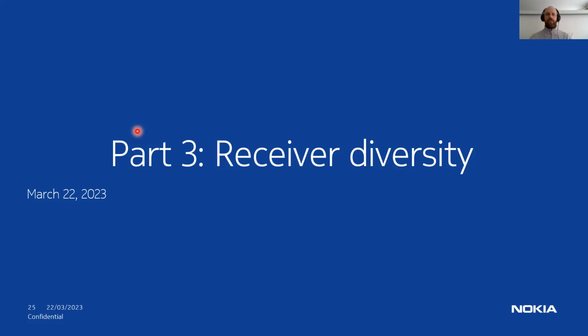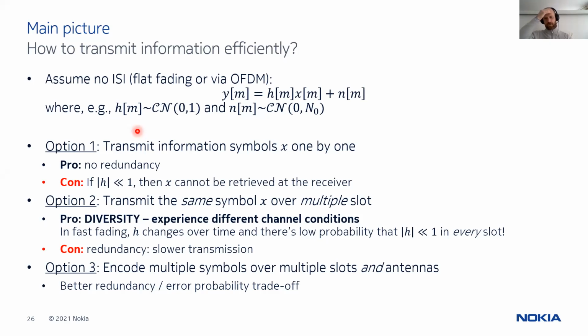This is part 3, receiver diversity. Up to now, we have talked about this communication channel, whatever happens between the transmitting antenna and your mobile phone. Then we talked about OFDM, how to further simplify this model, and then we got to this very neat equation.